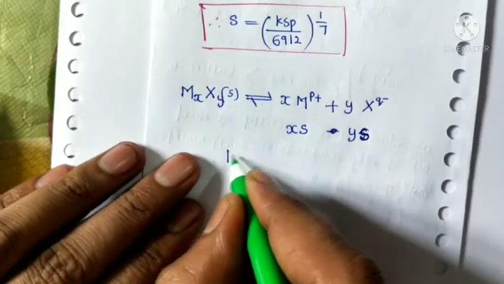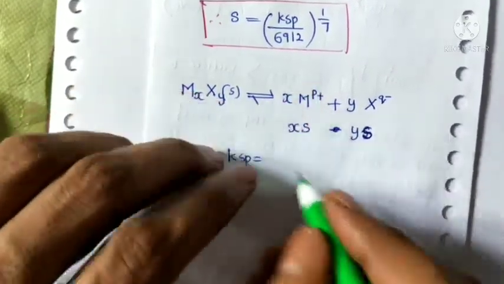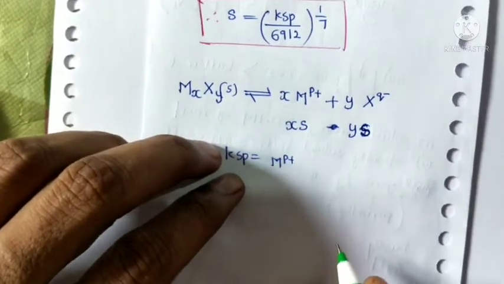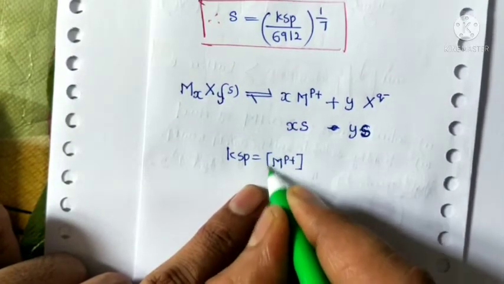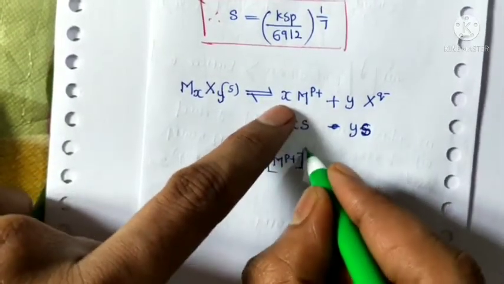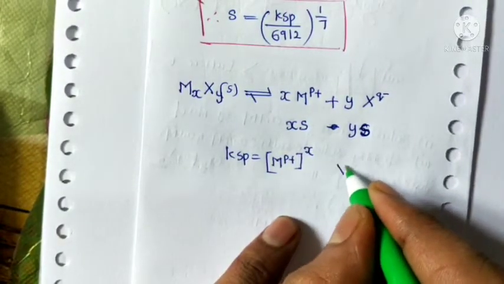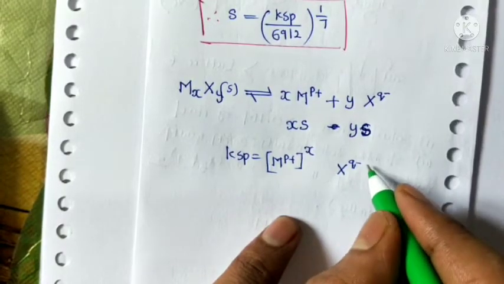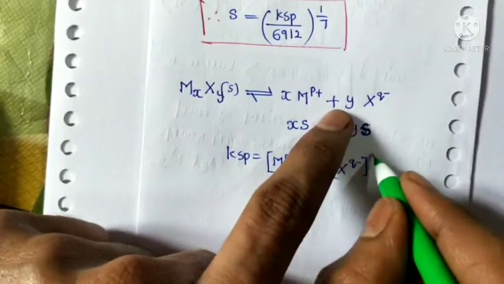Now find out the KSP value. What is the concentration of M p plus, +1, +2, +3 like this, and the power? x. And next is the concentration of Q minus, -1, -2, -3, -4 like this, and the power is y.